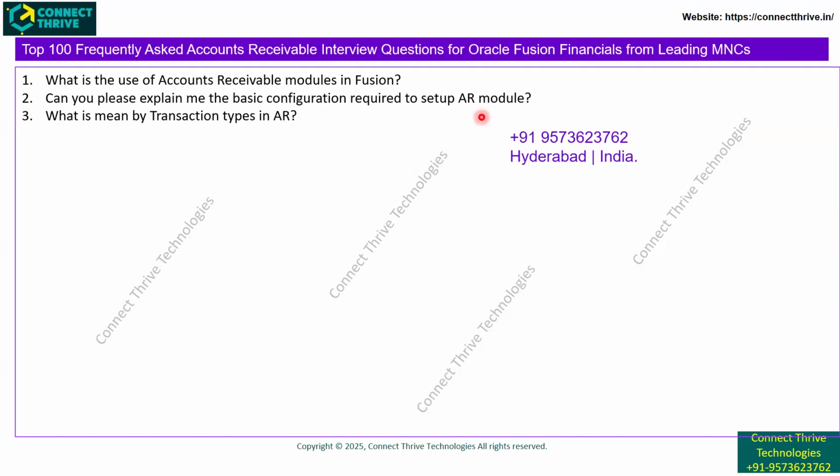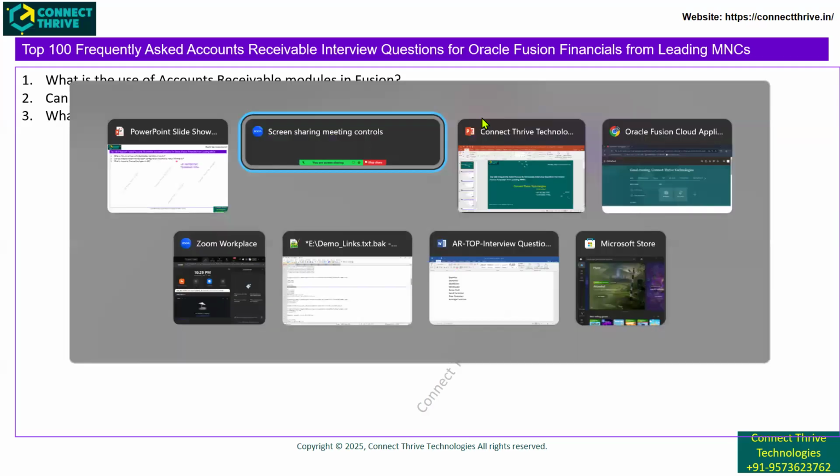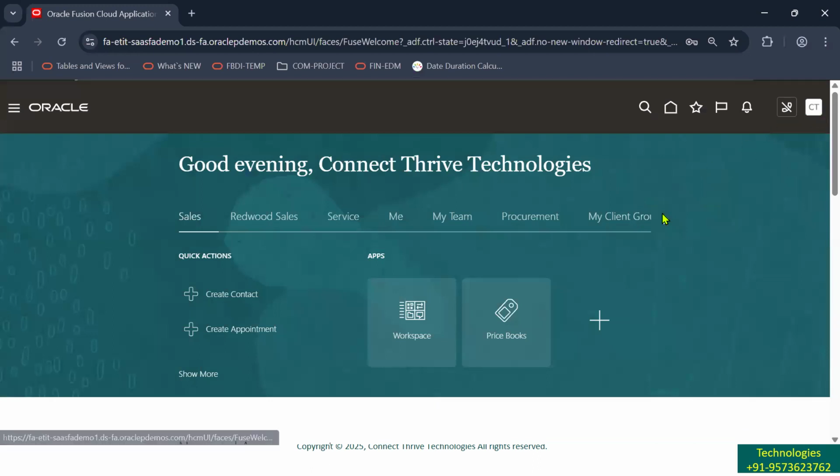It could be a tax invoice, a delivery challan, an export invoice, or a debit memo, credit memo, bills receivable, chargeback invoice. That depends on the nature of the transaction you are performing in our AR module. Accordingly, we can create it here. Okay, if you see in our application, we will get to know about that.